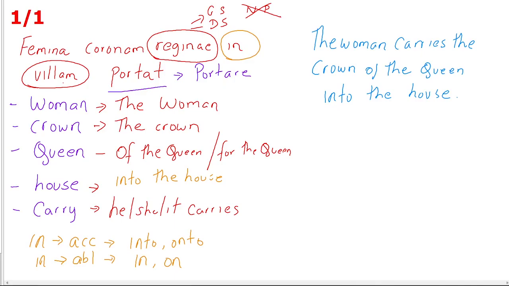Now in Latin we see most of the times the verb comes at the end. Okay, so now take one example and solve it by yourselves.